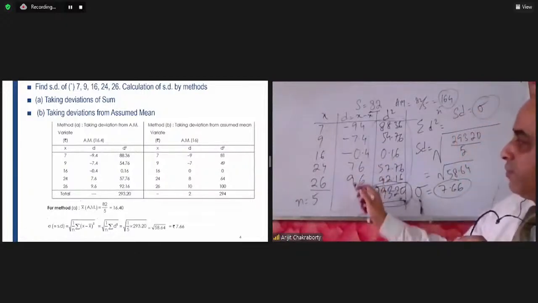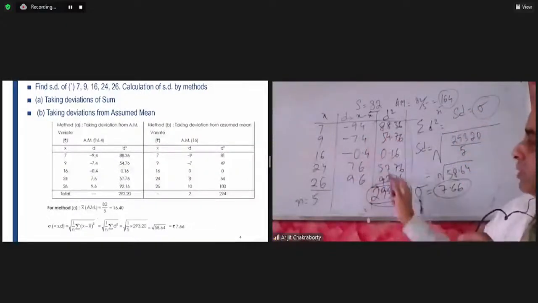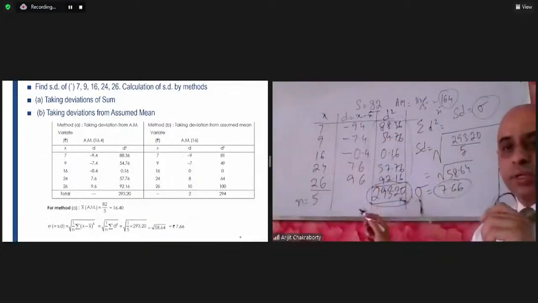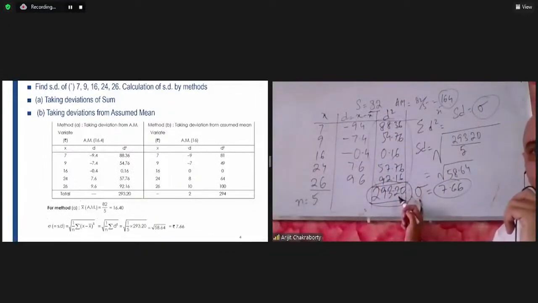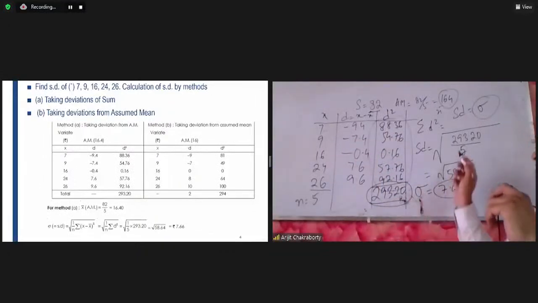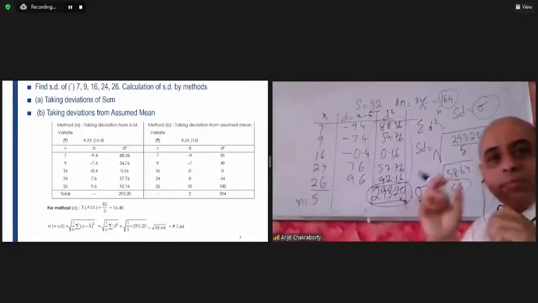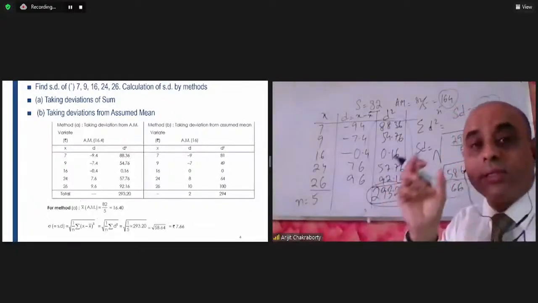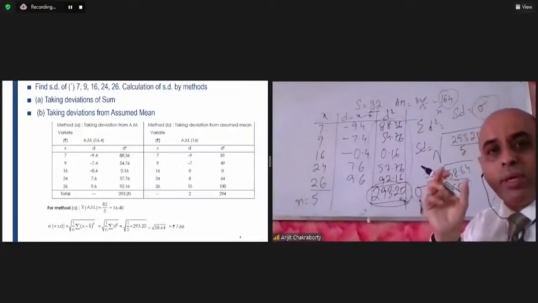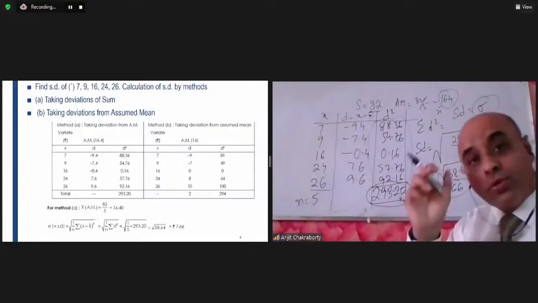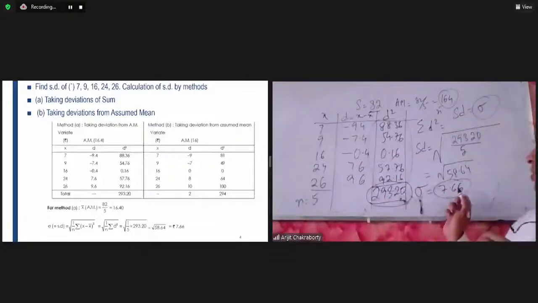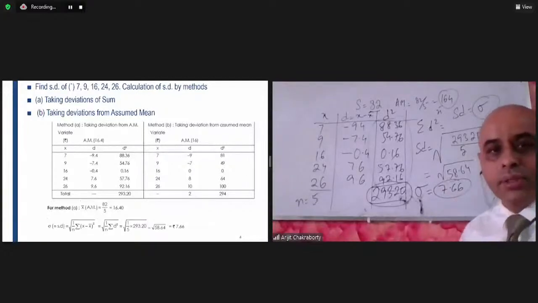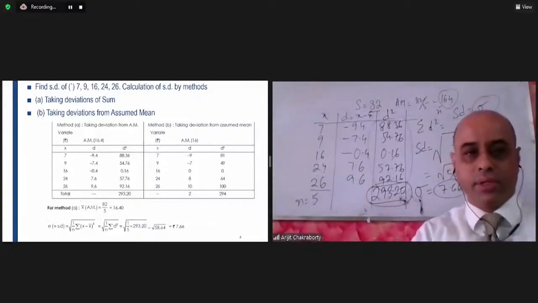So we get this column, and then we square this column, the square of the deviations, and we add up the squares of the deviations. This is the total amount here. So sigma d square divided by n, the square root of this will give us the standard deviation. So this is how we calculate standard deviation.